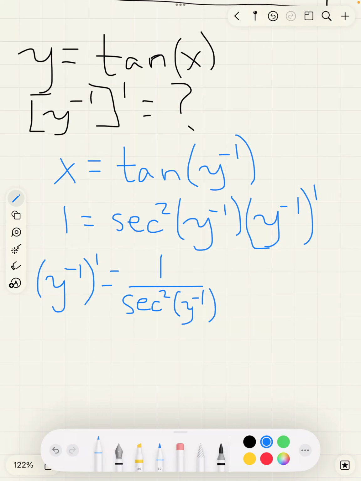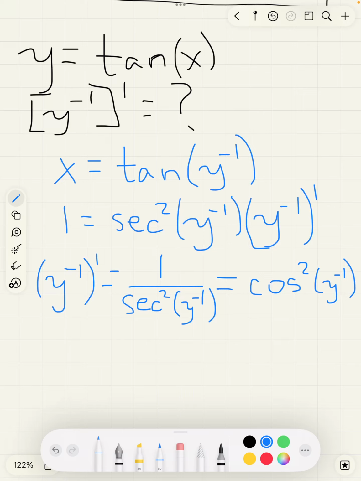Right. And if you remember your trig identities, you remember that 1 over secant is equivalent to saying cosine. So basically this is cosine squared of y inverse.